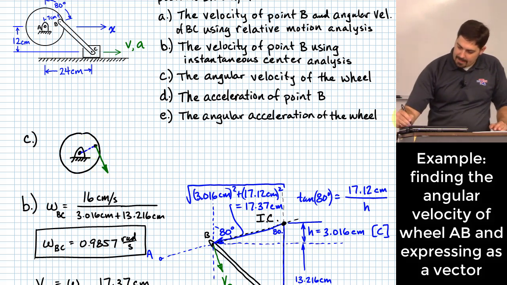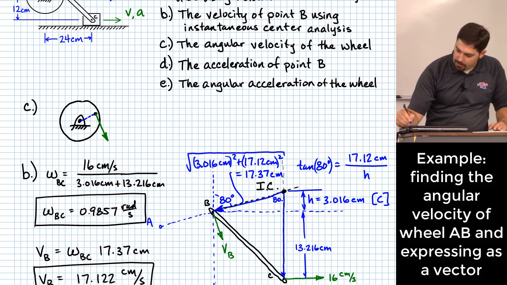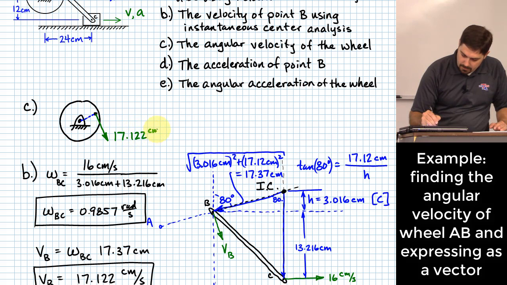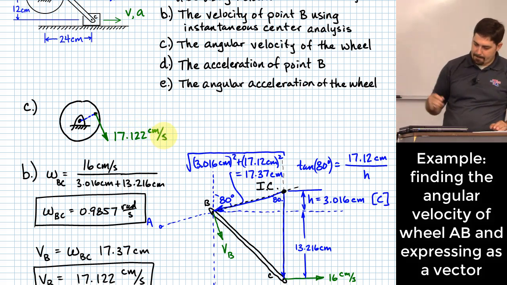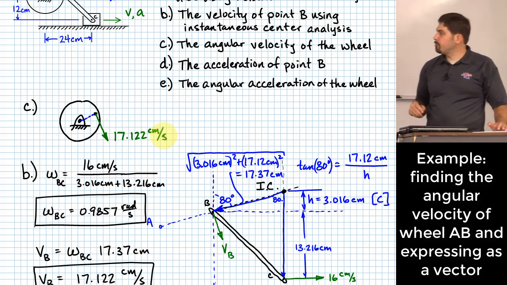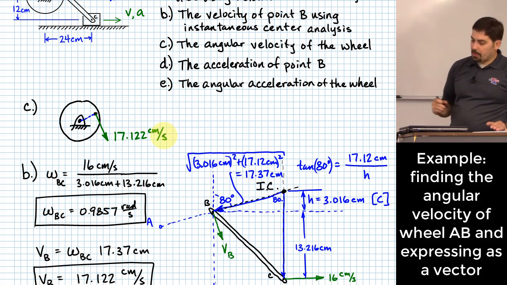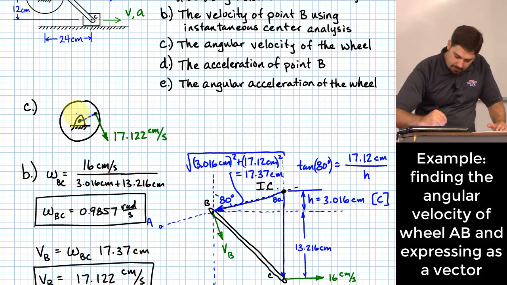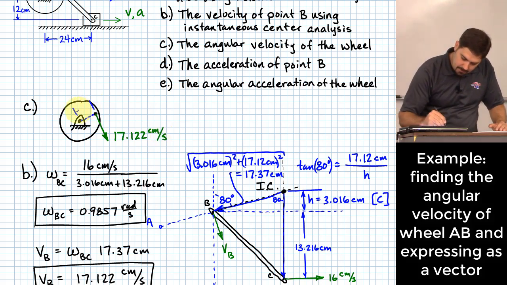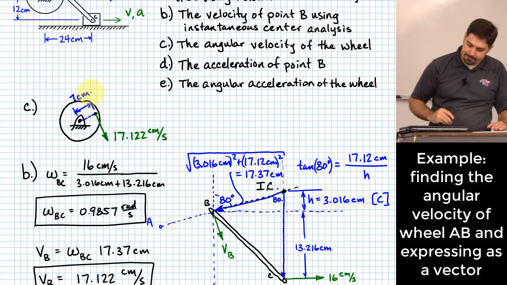Right? And that linear velocity is 17.122 centimeters per second. Okay. We also know what this radius is relative to point A. Right? This right here is 7 centimeters.